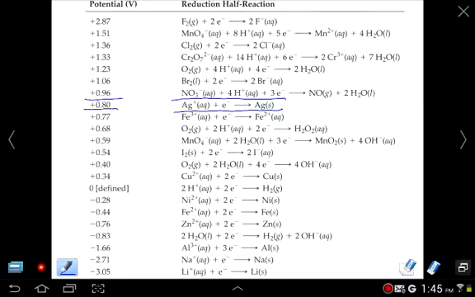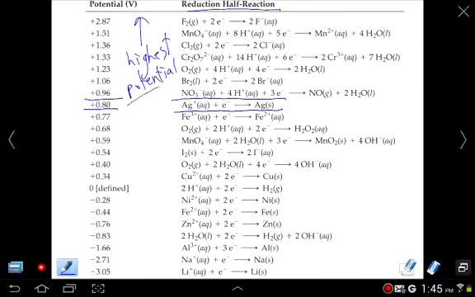These are called reduction half reactions, and these are called reduction potentials, because we're listing every reaction here as a reduction reaction. In other words, everything is being reduced here, and they're ordered to put the species at the very top as having the highest potential for reduction.